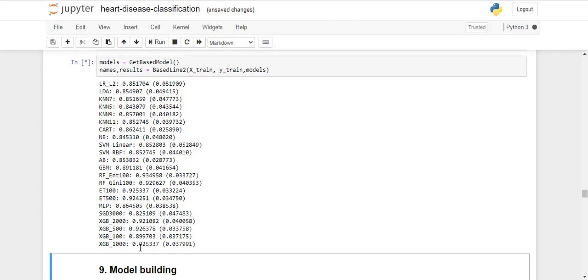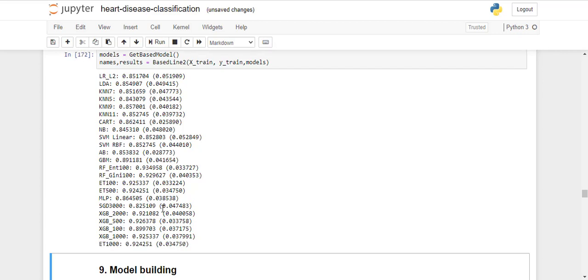So 92.63 is the best combination for XGBoost, and for the extra tree classifier it is 92.53. RF Gini is the best. Sorry, RF entropy is the best, 93.4. One more remaining, which is extra trees with 1000 trees. It is 92.4. So clearly, in cross validation, the winner algorithm is random forest with entropy, 93.49.